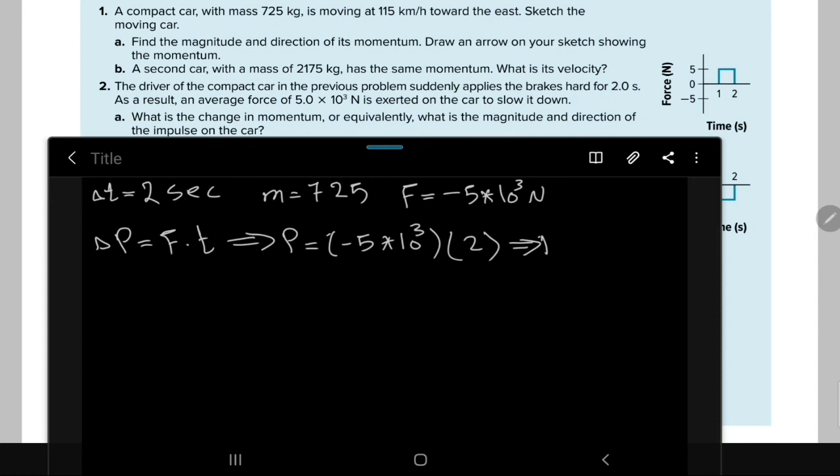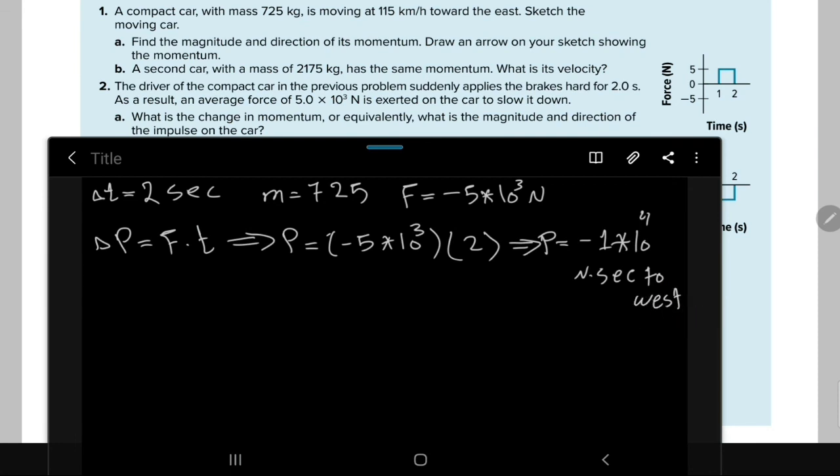That means delta P equal to minus 1 times 10 to the power 4, and here I will write the unit, which is Newton second, to the west.